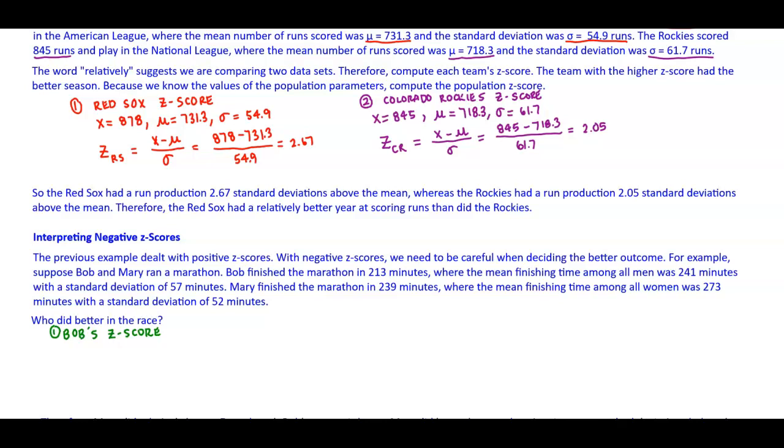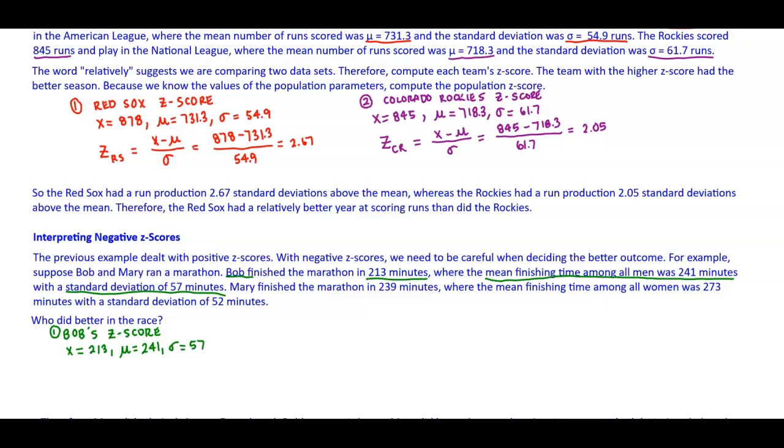Well, the value of x for Bob is 213 minutes, so that represents the data value for Bob. The mean for all men was 241 minutes, so that means the population mean was 241 minutes. And the standard deviation was 57 minutes.